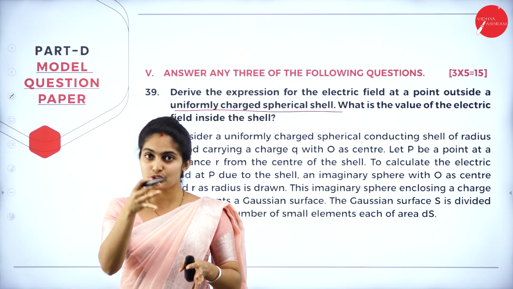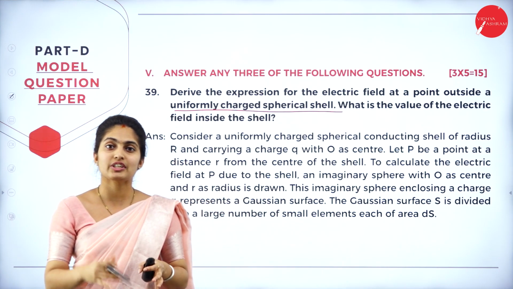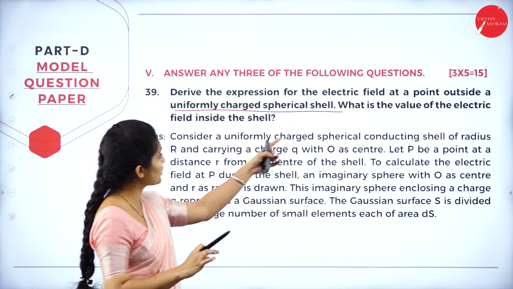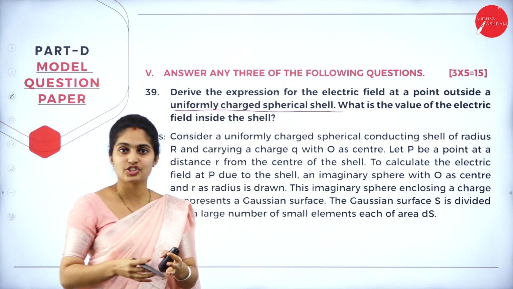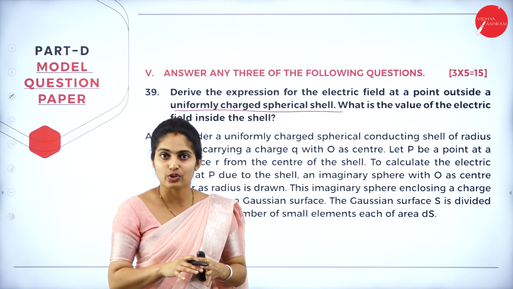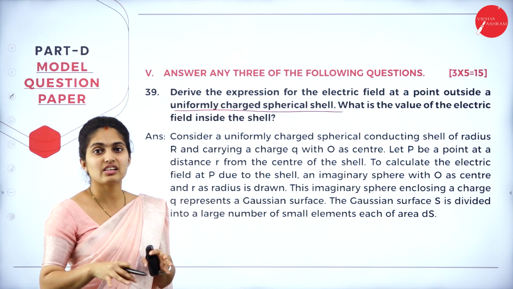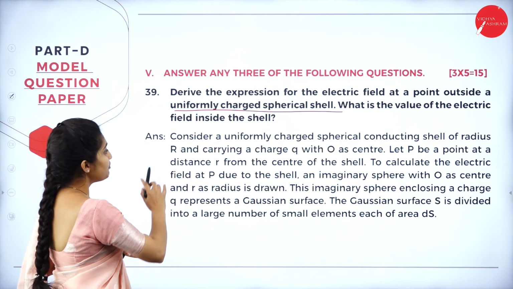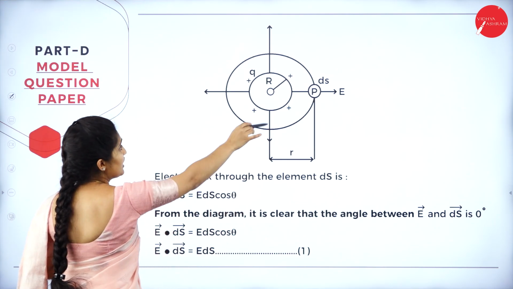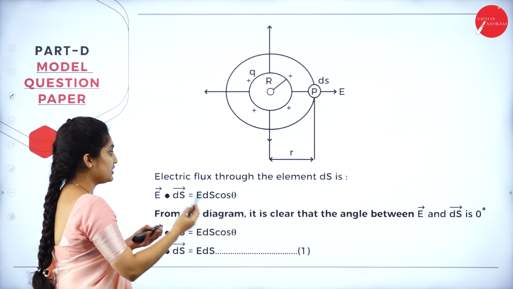So it's an application of Gauss law, the last derivation, and just one line: what is the value of the electric field inside the shell? Inside the shell it is 0. Inside the conductors the charges are said to be 0. So write the description, and draw the diagram whichever is given to you.